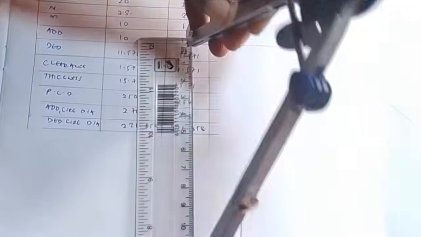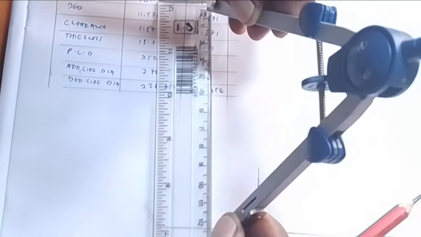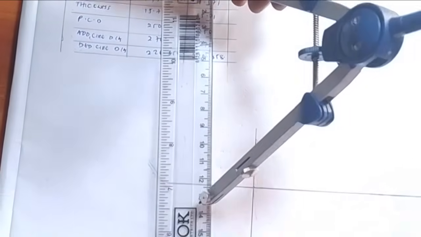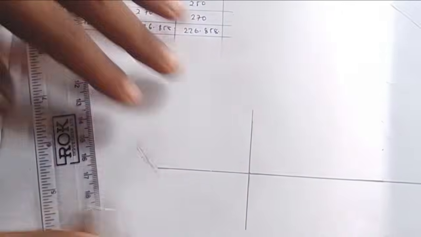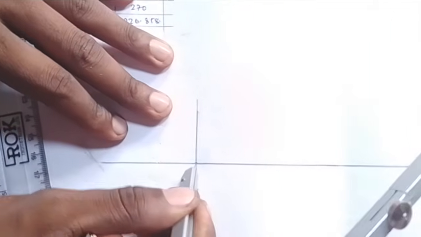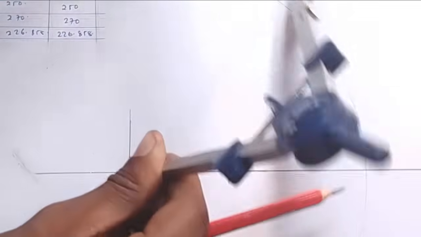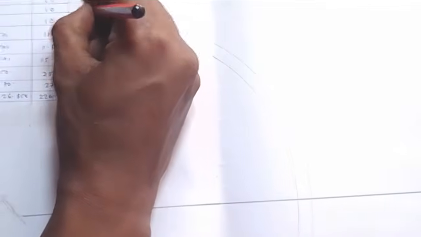Quickly again, stand on this point, 13.5 here. That now becomes our addendum circle diameter. Then draw it like that. That has now become our addendum circle diameter.